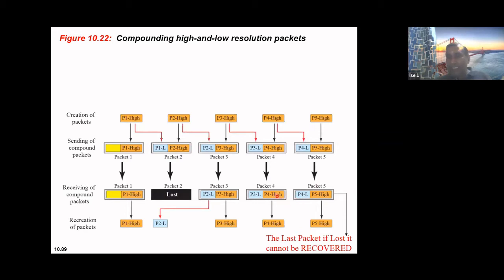Packet 4 contains a copy of itself and a low resolution copy of previous packet 3. But packet 5, being the last packet, if lost, I cannot recover, because I require another packet, say packet 6, which will contain packet 5. But since packet 5 is the last packet, I cannot accommodate a low resolution copy of packet 5 there.